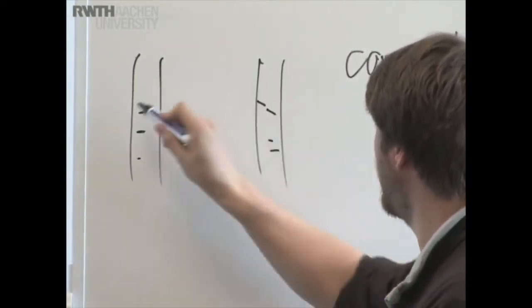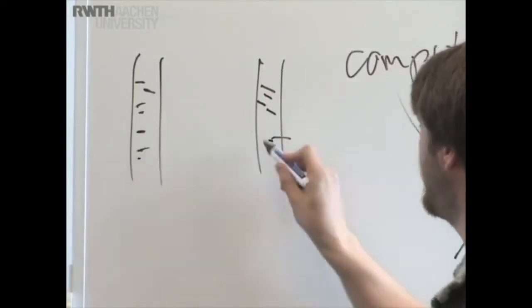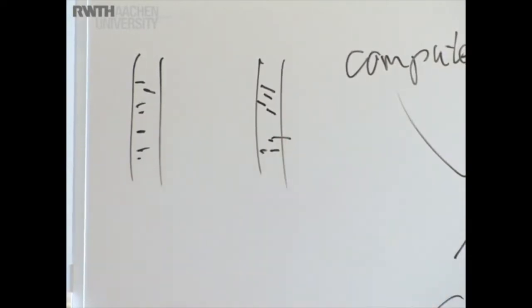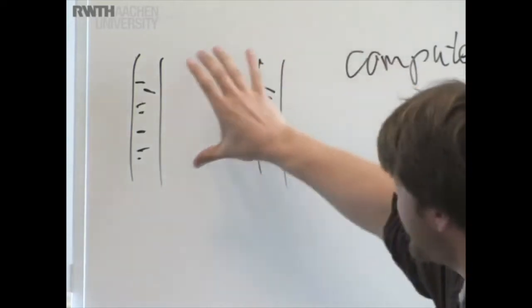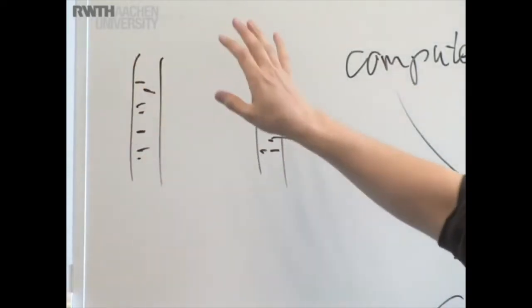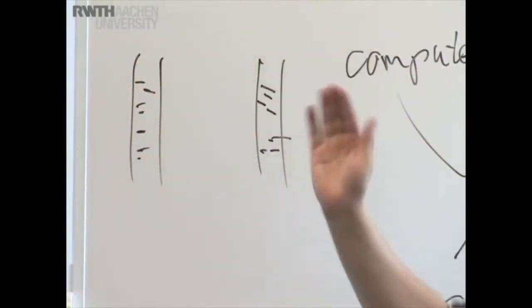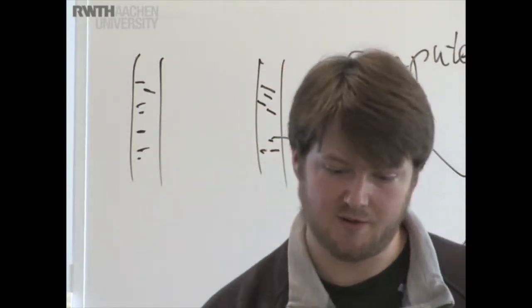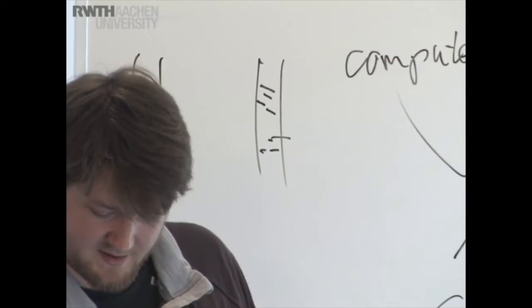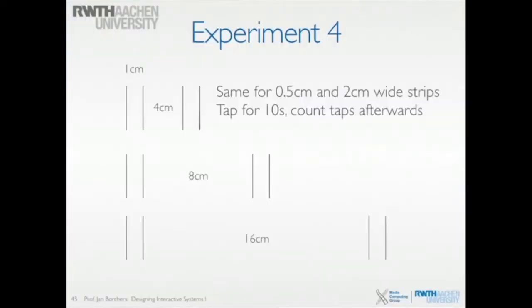So reach from one to the other for 10 seconds, and try to tap inside of it, but it's no problem if you miss, just continue on. Try to do it as fast as possible, and I will tell you when the 10 seconds are up. So for the first two sets of lines, just start. 3, 2, 1, go.